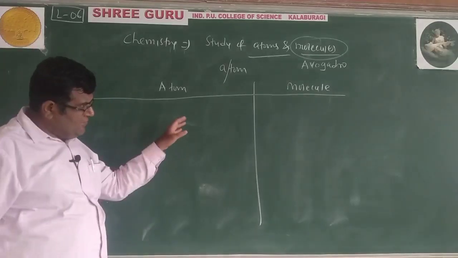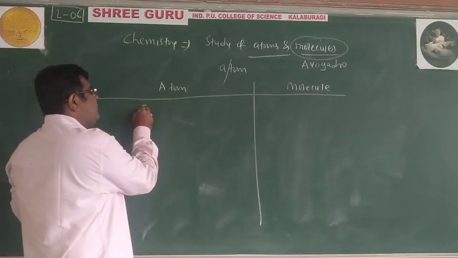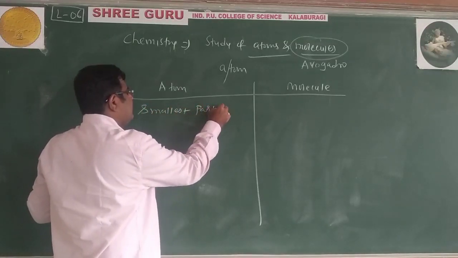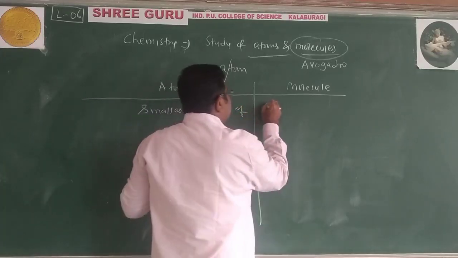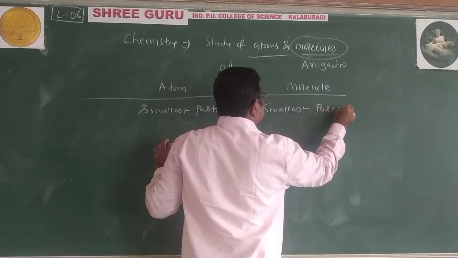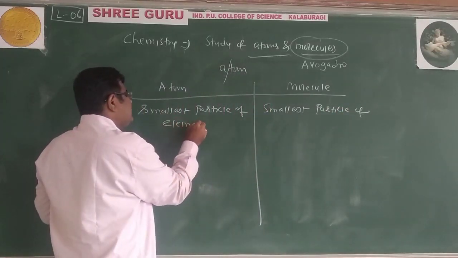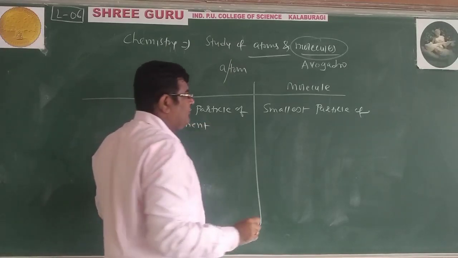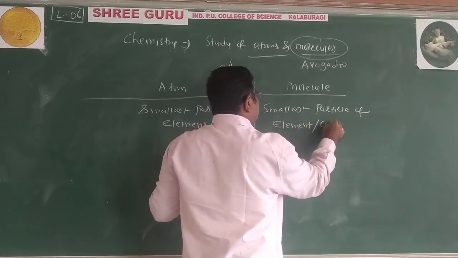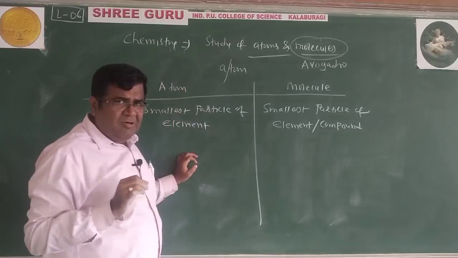First I will write the definition and you will see where the difference exactly lies. This is the smallest particle of element, and this is also the smallest particle of element or compound.